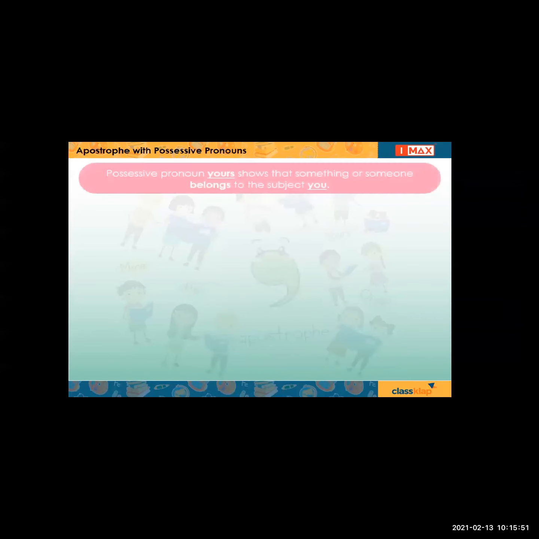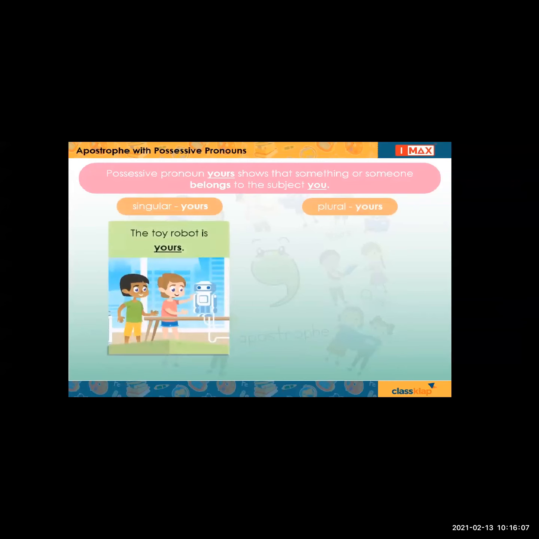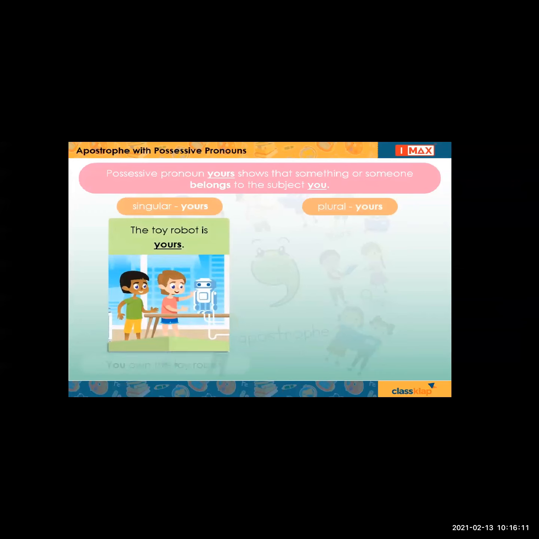The possessive pronoun yours shows that something or someone belongs to the subject you. The subject you can be a singular or a plural subject. For example, the toy robot is yours, which means you own the toy robot.